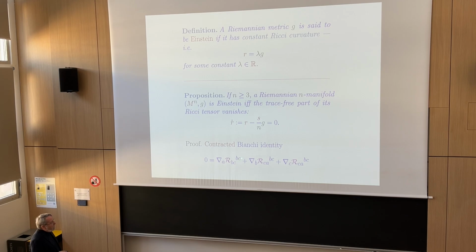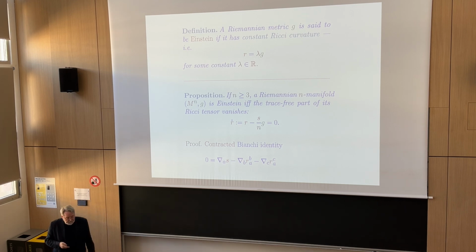So take these 2 indices to be the same as this pair of indices. When you do that, the first term is the derivative of the scalar curvature, and the other 2 terms, up to sign, turn out to be the divergences of the Ricci tensor.